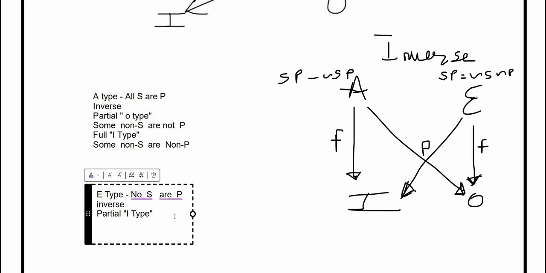And what is the standard logical form of I type? Some are. Once we type that, we look at the rule for how subject and predicate are in the inverse: non S and P. So we write some non S are P.